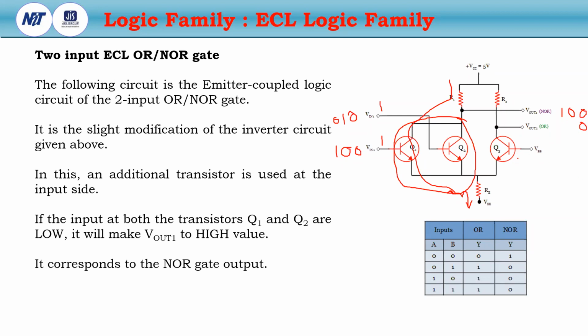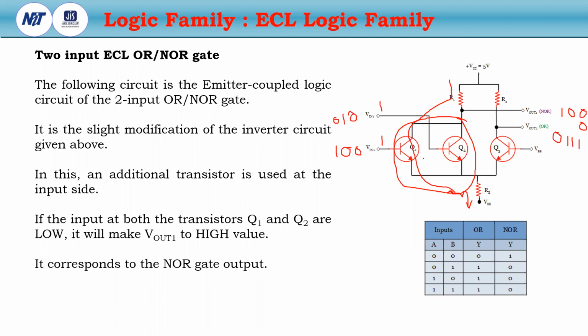Similarly, this is the non-inverting output. So obviously we will get 0, 1, 1, 1 due to the emitter coupled logic and the current limiting resistors RE. Okay. So if these two are in saturation, then it is in cutoff.